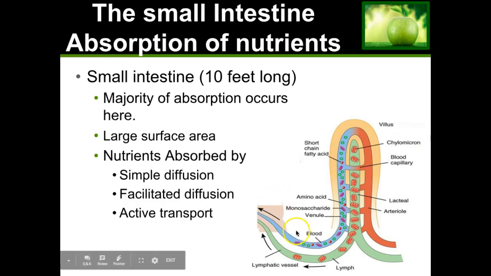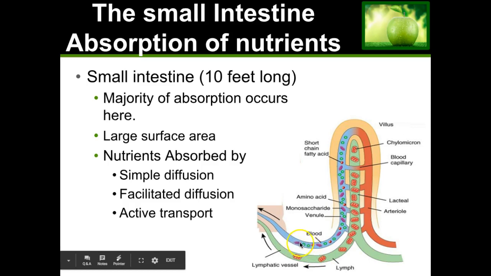Let's take a look at one of these microvilli now. This is just taking a really close-up look at one microvilli. You can see that there's blood flowing through the microvilli, and there's also a lymphatic system going through each of these villi.